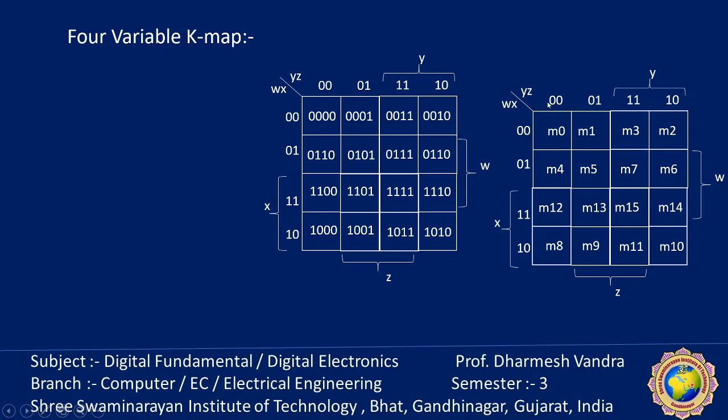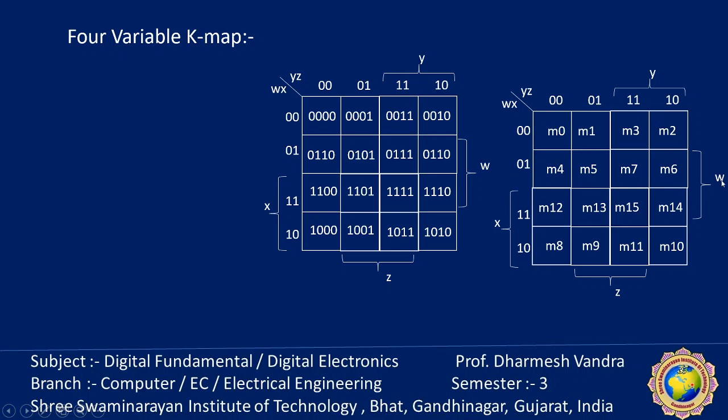Normally remember this sequence: 0, 0, 0, 1, 1, 1 and 1, 0. It is the gray code method. Similarly, each column also follows the sequence 0, 0, 0, 1, then 1, 1 and 1, 0. So this is also the gray code method. The last two rows represent the variable x, so the remaining are x dash.